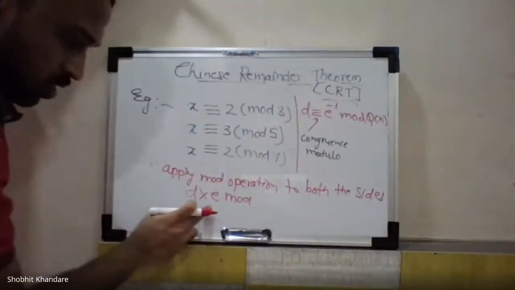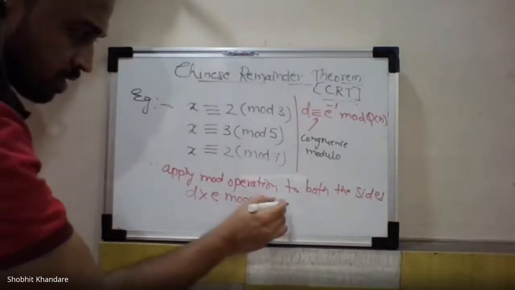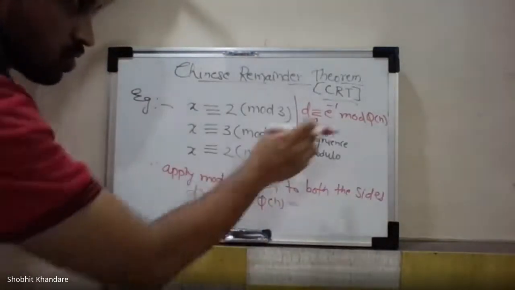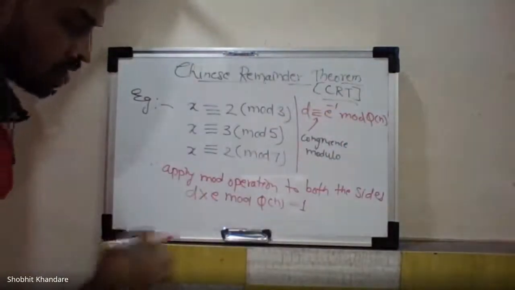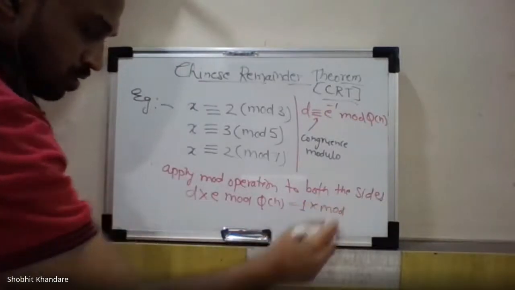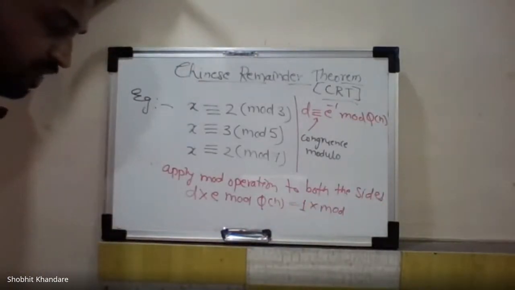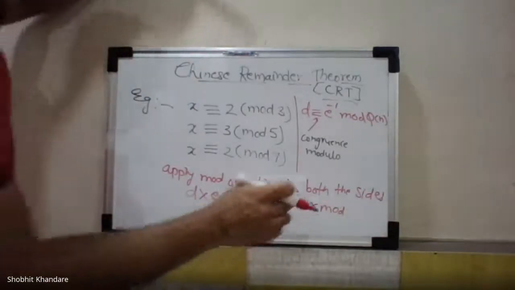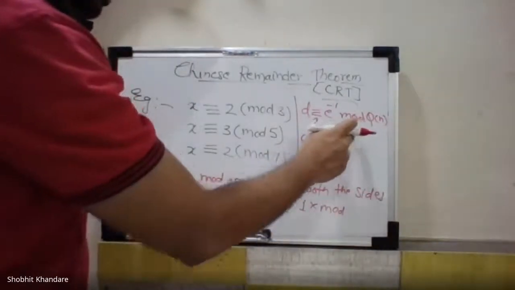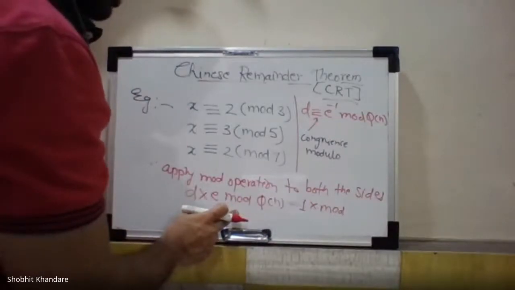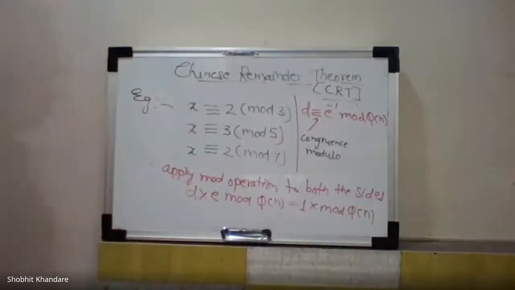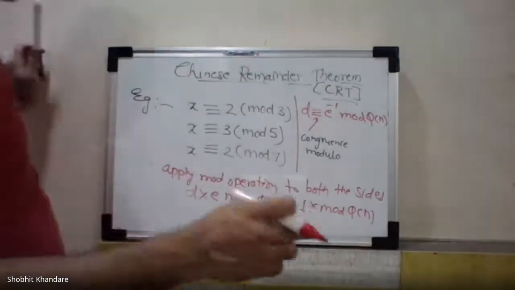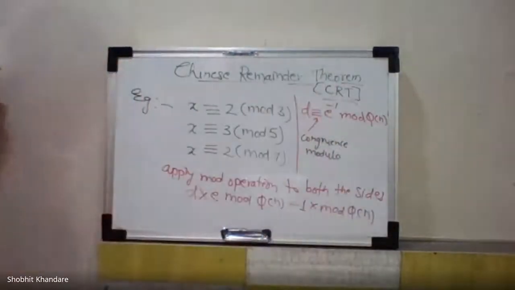So d into e mod of phi of n equals, after this multiplication, this also goes over there, so it becomes 1 into mod of phi of n. Otherwise we'll do one thing. If you multiply this mod of phi of n into the mod of phi of n, it will be 1 mod of phi of n. So mod of phi of n into mod of phi of n is mod phi of n, single phi of n.